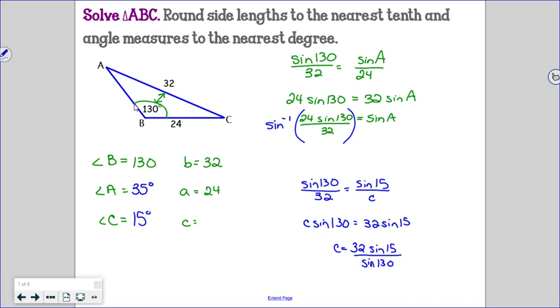Ellie, when you've got that typed in, we'll take that from you. And we are back to sides, right? So we're going to round to 1 decimal. 10.8.